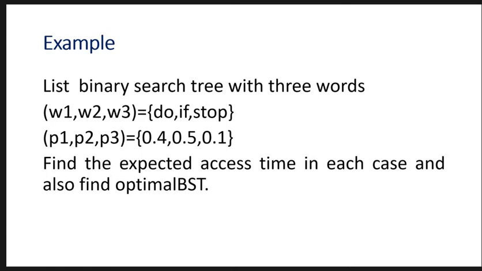Different possibilities are there for constructing a binary search tree. The probability of searching or accessing the element is also given in advance: 0.4 for do, 0.5 for if and 0.1 for the stop symbol. Find the expected access time in each case and also find the optimal binary search tree.